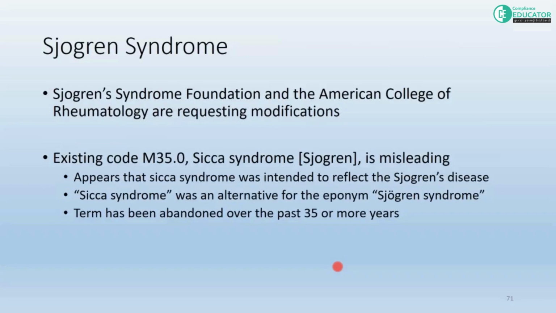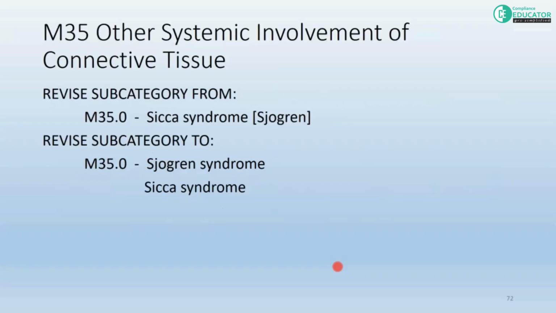Sjogren's syndrome, when we look at the way the words are laid out in this M35.0 code, it just wasn't clear, if you will. And so what they've done simply is revised from this Sicca syndrome with Sjogren in brackets to say Sjogren's syndrome, and then underneath list the Sicca syndrome as an additional verbiage to be coded to it.